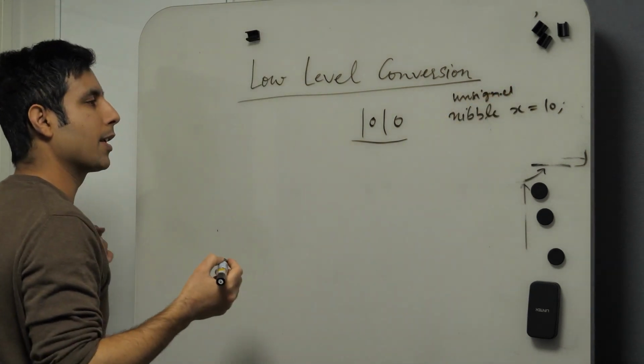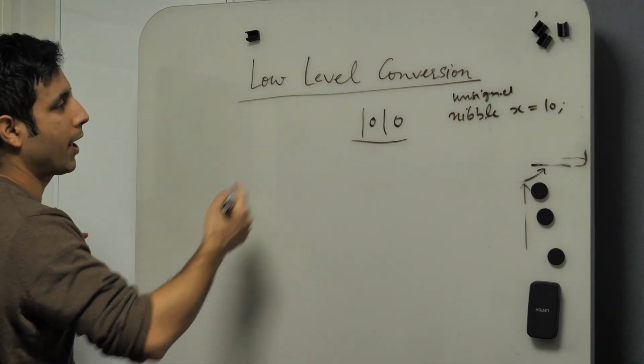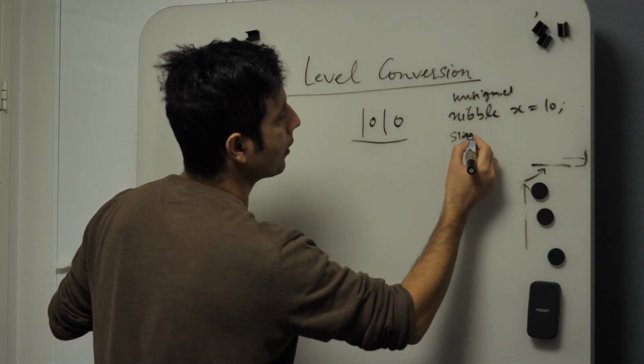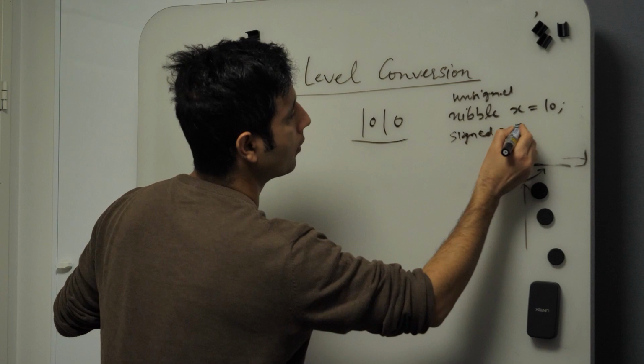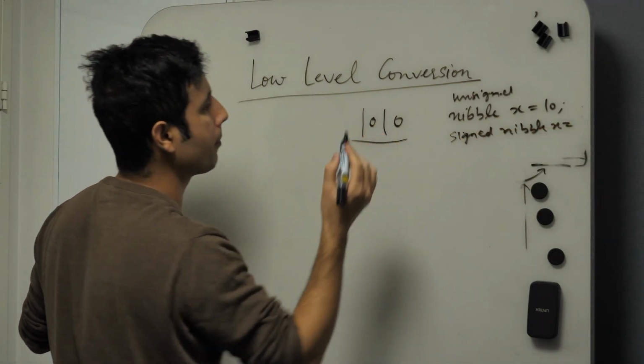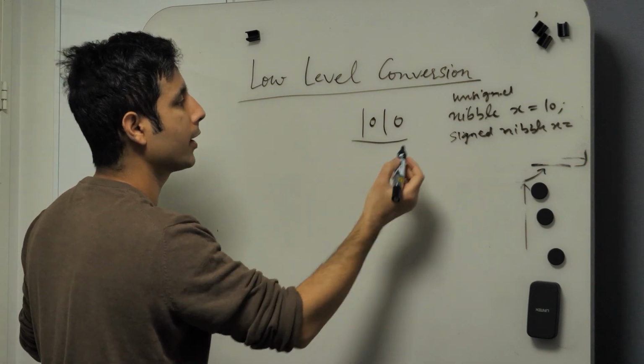Now let's assume for a second that this can also be a signed data type. Then it would be signed nibble x with the same bit pattern. What would be the same bit pattern in signed encoding?